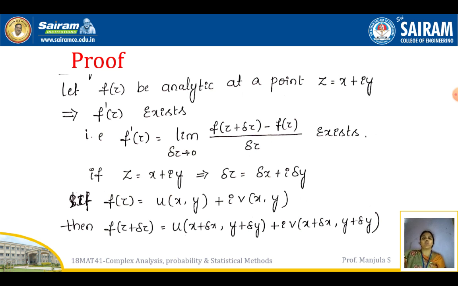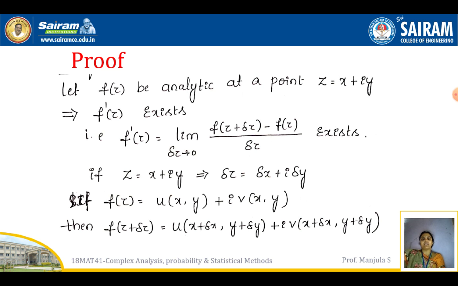Now we have to prove that all four partial derivatives exist along with those equations. Clearly it is given in the statement that f(z) is analytic. It means differentiability exists, it is derivable, so f'(z) exists. f'(z) is nothing but the limit as δz tends to 0 of [f(z + δz) - f(z)] / δz. This exists.